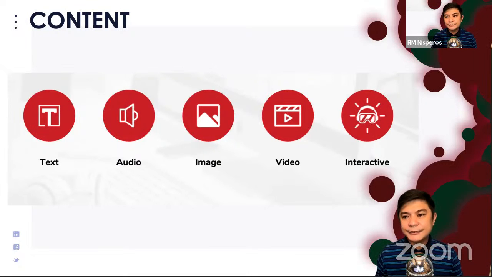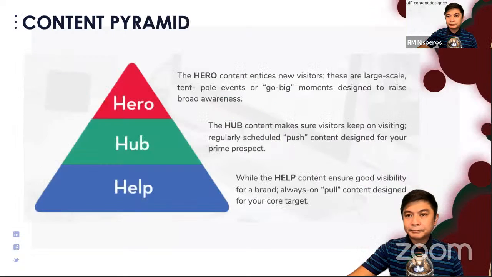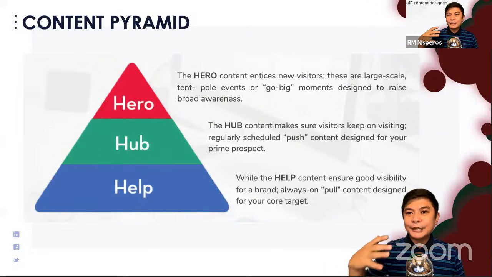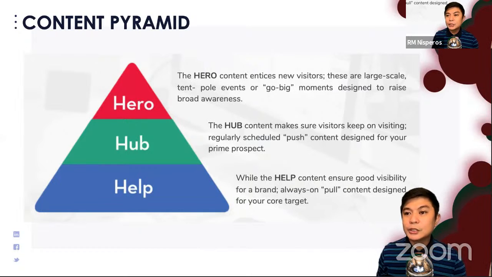We have these five content types: text, audio, image, video, interactive. The content we see nowadays is a mixture of these five types or a standalone. Now, let me introduce you to the content pyramid, from the way you create content as characterized by YouTube, Google.